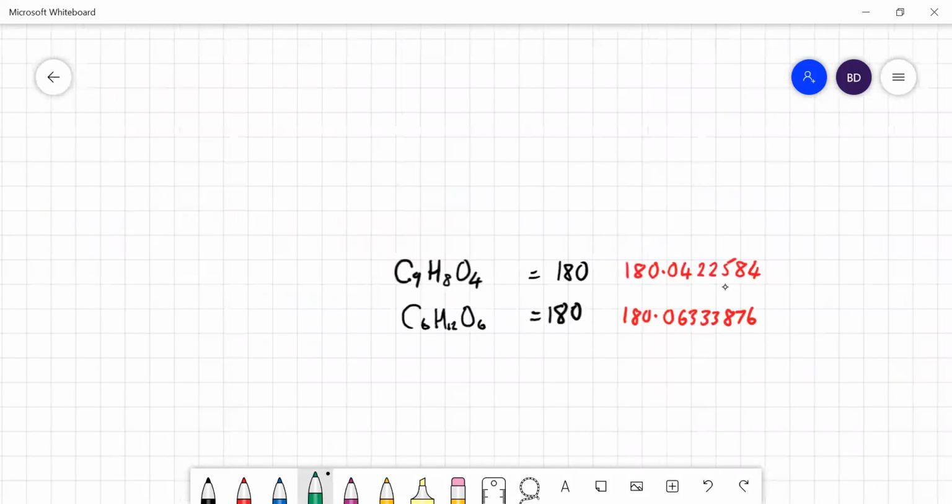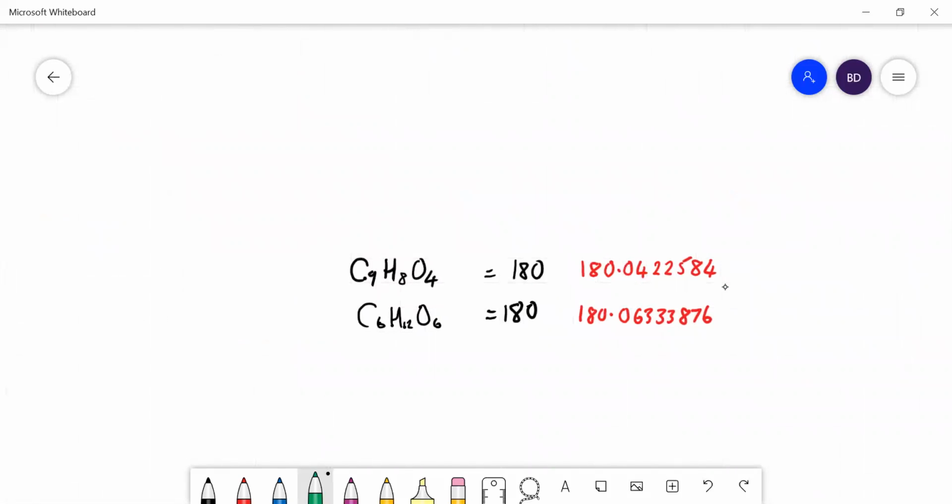Let's have a look at another example which can be used. I've got 2 compounds here. This one you will have heard of, definitely. This is glucose. And this one here is aspirin.